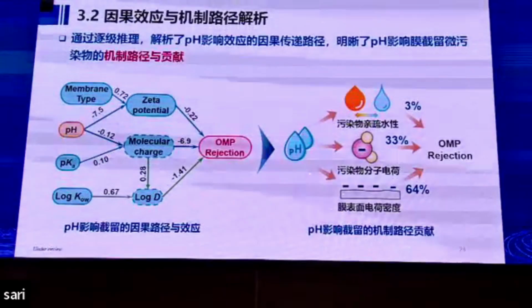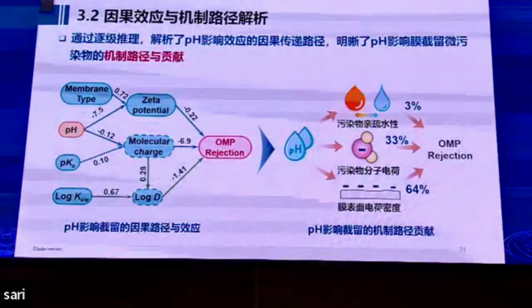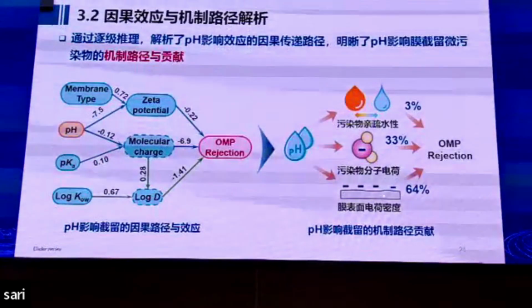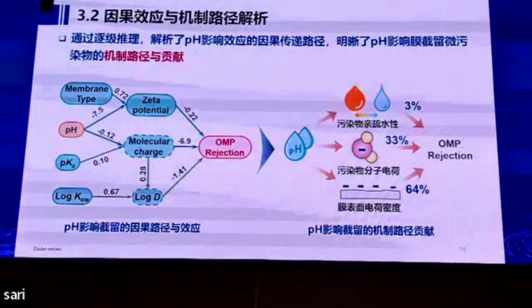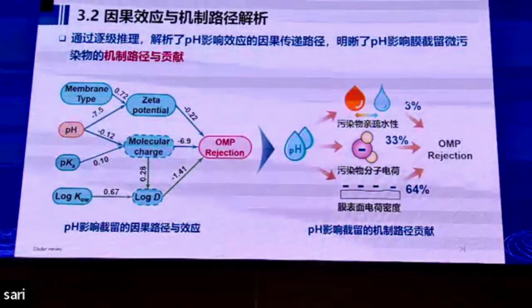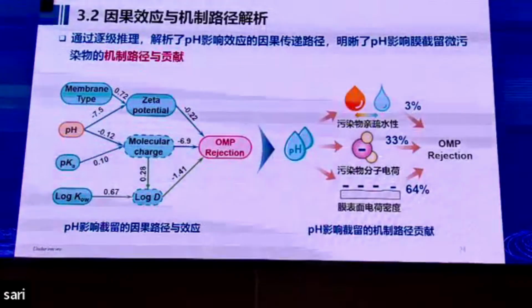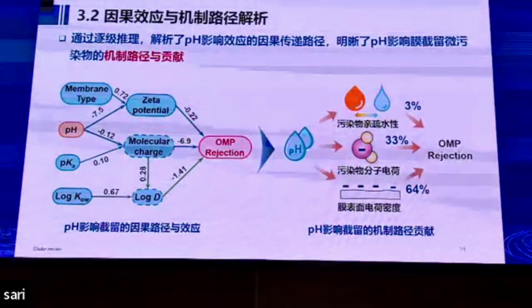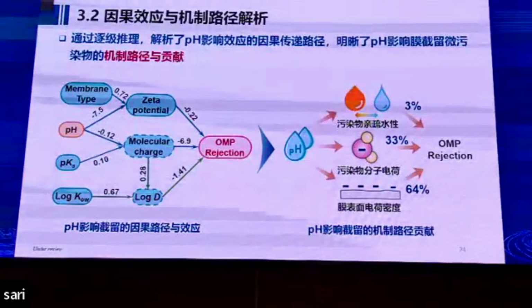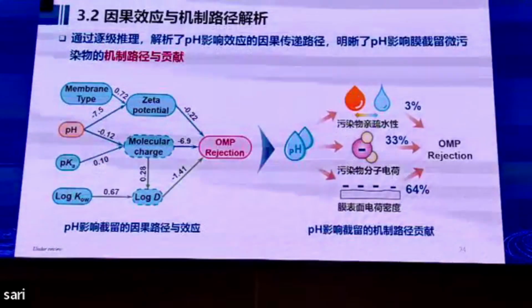We have found that the pH can influence the membrane surface charge, and this effect is larger than the pollutant molecular charge. And also there are some side effects: when the pH affects the charge of the pollutants, the dissociation will also affect the hydrophobicity of the pollutants.